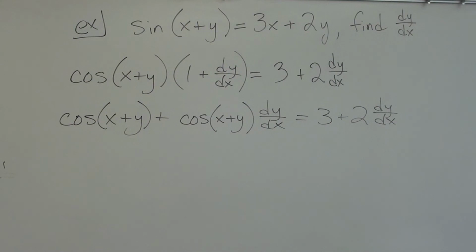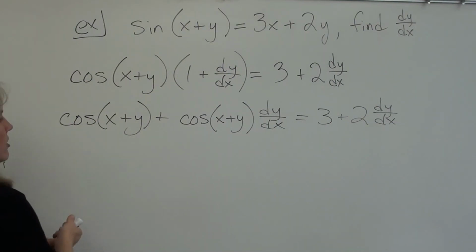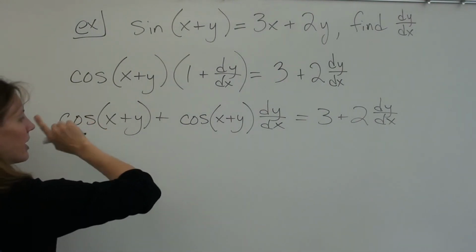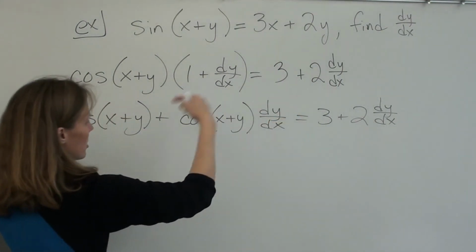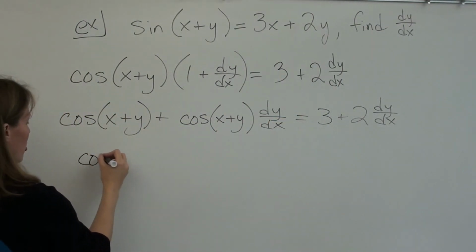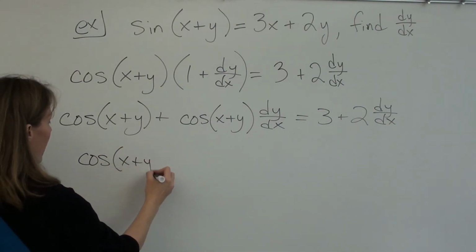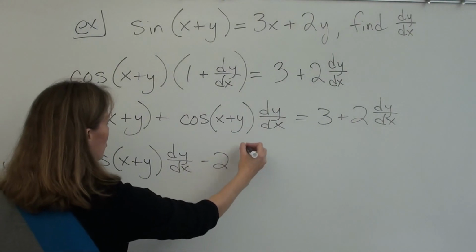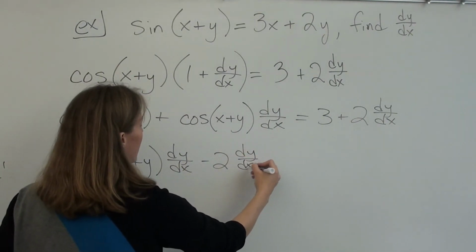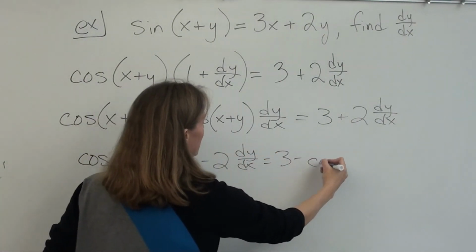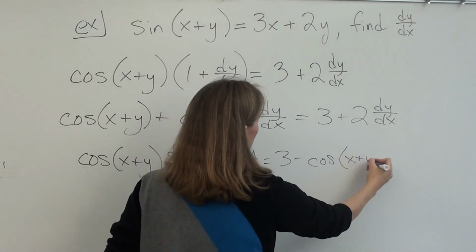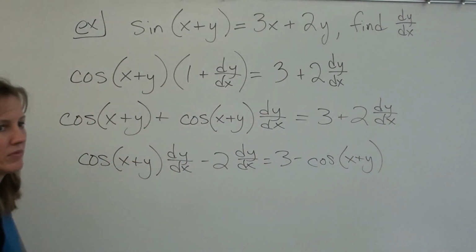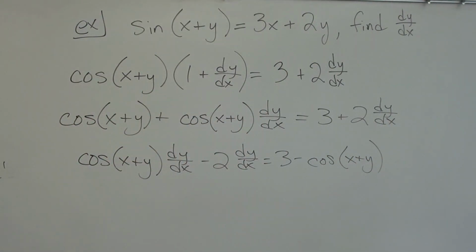Okay, now we can get all the dy dx's on one side and everything else on the other. So I'm going to move this guy to that side and the 2 to this side, so I have cosine x plus y dy dx minus 2 dy dx equals 3 minus cosine x plus y. Now what?